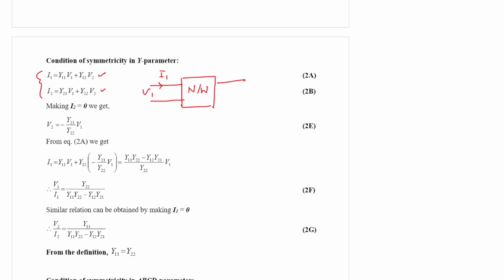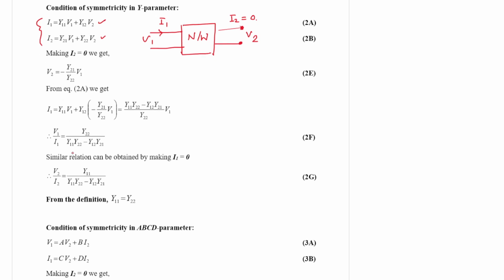Now let us open circuit the output port, so I2 becomes 0. From equation 2b, when I2 becomes 0, V2 equals minus Y21 by Y22 times V1.